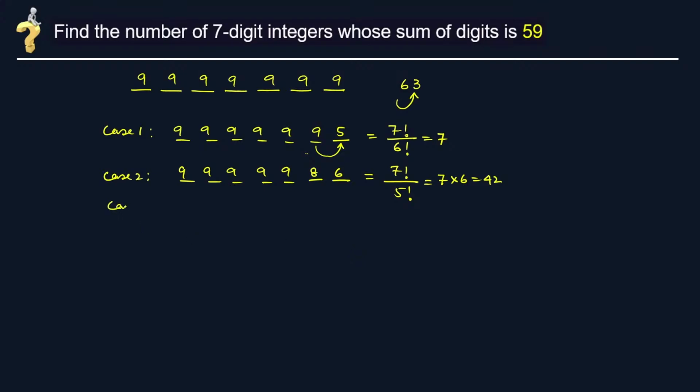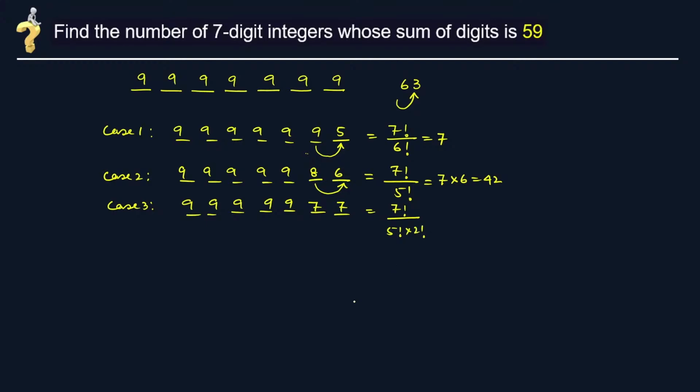Now, case 3. What are the other possibilities? Let 5 places be filled with 9 and let me take out 1 from here and add it here. So we are getting 7 here and 7 here. Again, the sum of all the digits is 59. And now these digits can arrange among themselves in factorial 7 divided by factorial 5 into factorial 2.